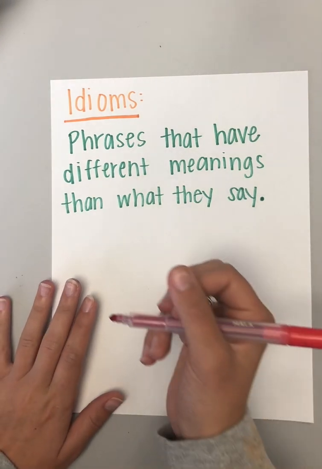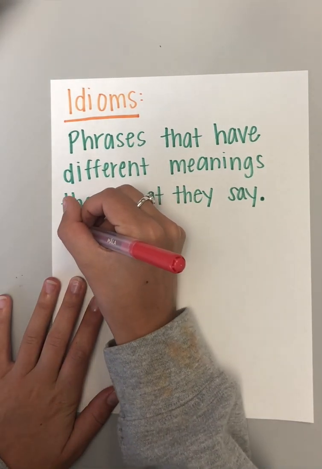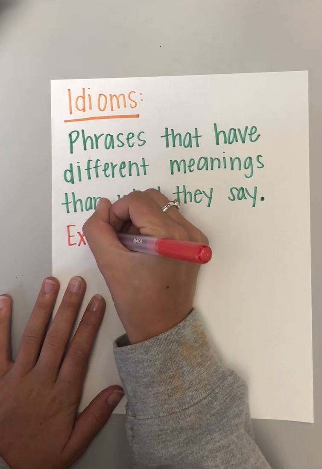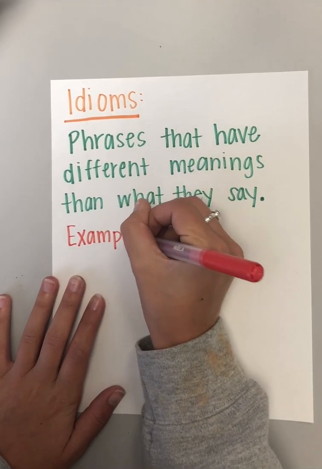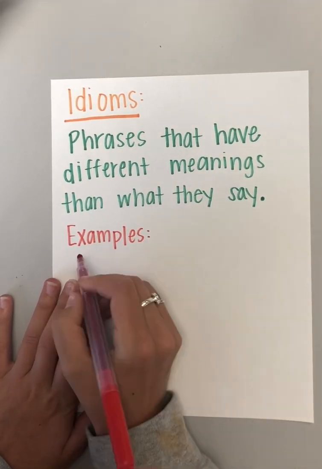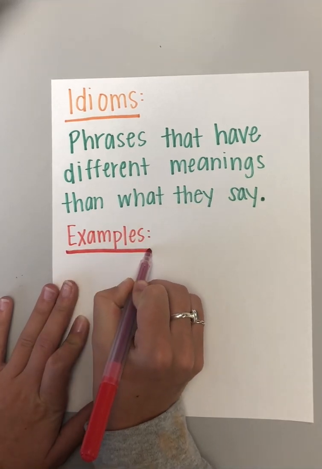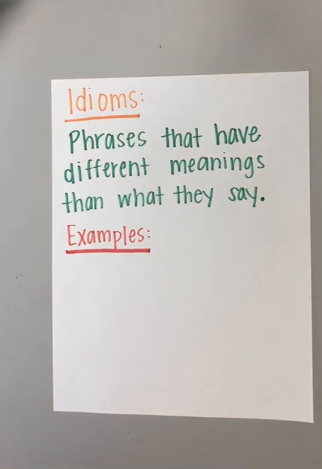All right, we're going to talk about some examples of idioms. So go ahead and write examples on your notes page. Now, you might say, Miss Highsong, isn't all figurative language phrases that have different meanings than what they say? You're right, it is. Idioms are interesting because they're probably sayings that you've heard before.